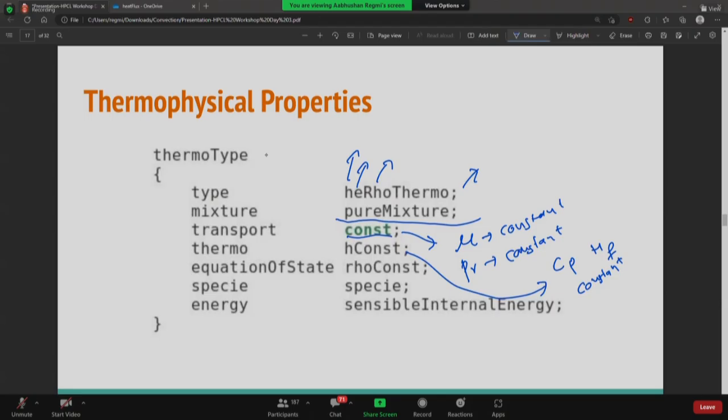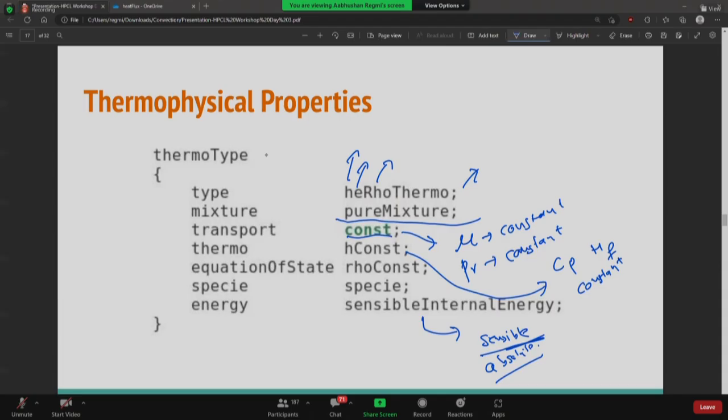And lastly, we have sensible internal energy. So internal energy is used in our solution here, and there are two options available. One is sensible and the other is absolute internal energy. So if you want to include heat of formation as well, then you have to use absolute. But since we don't want to use heat of formation, we don't have a phase change happening right now, so we are using sensible.